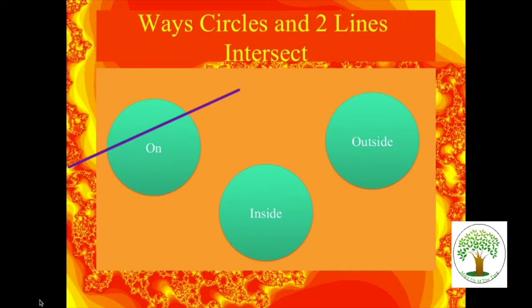So how will it intersect on the circle? Where is the circle? Is the circle this green part, or is it the black part that's on the edge? The black part on the edge, right? Okay, so if I'm intersecting this, is that intersecting on the circle? No. How can I make it intersect on the circle? You make another line that's really tiny.